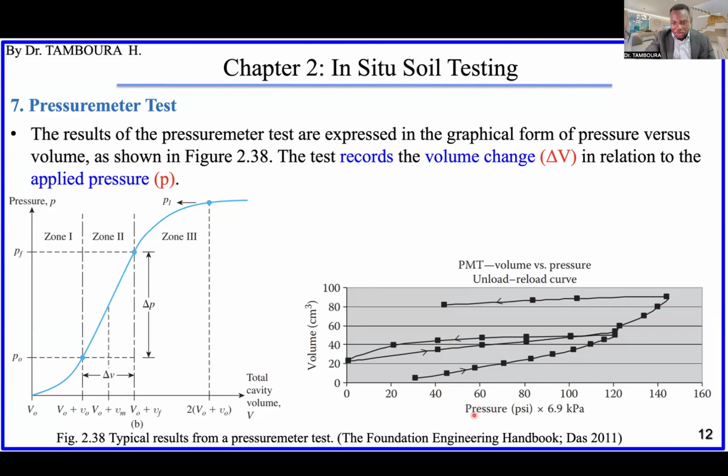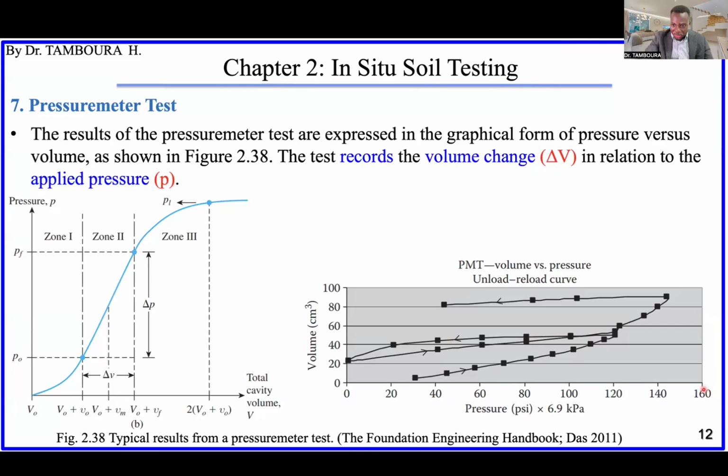This one, as you can see, the pressure is on the horizontal axis, and the volume is on the vertical axis. But this one is opposite. The pressure is vertical here, and the volume is here. So if you want to understand this result, maybe you have to flip this one.